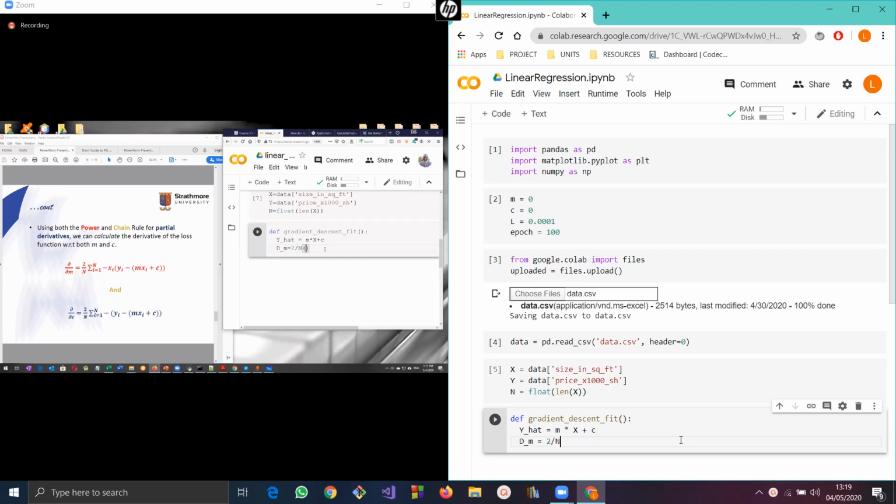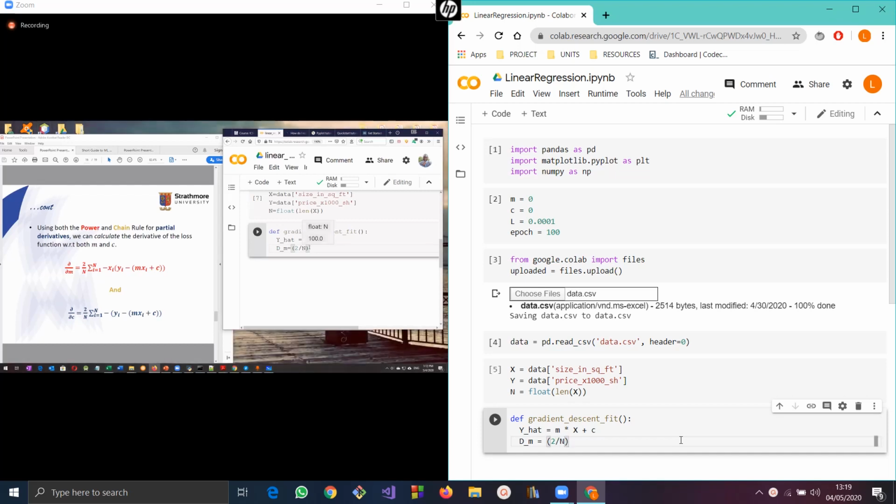I can put that inside the brackets so that BODMAS is followed. And then actually it is 2 over n and the summation of negative x, etc. So I will just bring that negative here.